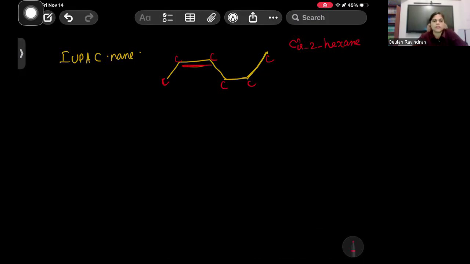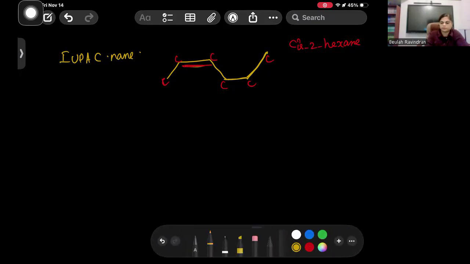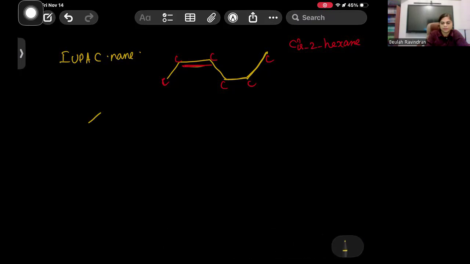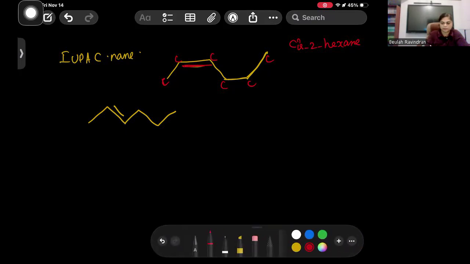Is it clear for you? So what is the trans position? Trans position and cis position you must know. Okay. I'll explain you the trans position. So this is trans position. Suppose if you are given like this. Yeah, this is trans position.